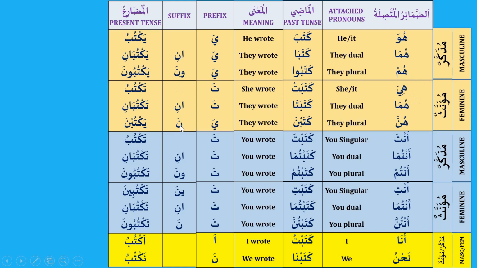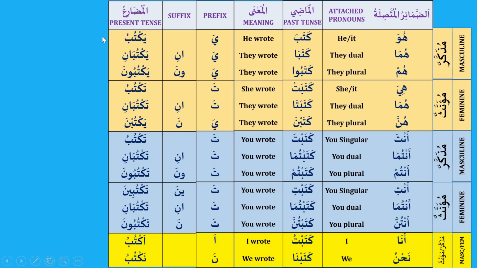Hunna gets nun with fatha. Anta doesn't get any suffix. Antuma gets alif nun. Antum gets waw nun. Anti gets ya nun. Antuma gets alif nun. Antunna gets nun only, and ana and nahnu don't get any suffix.